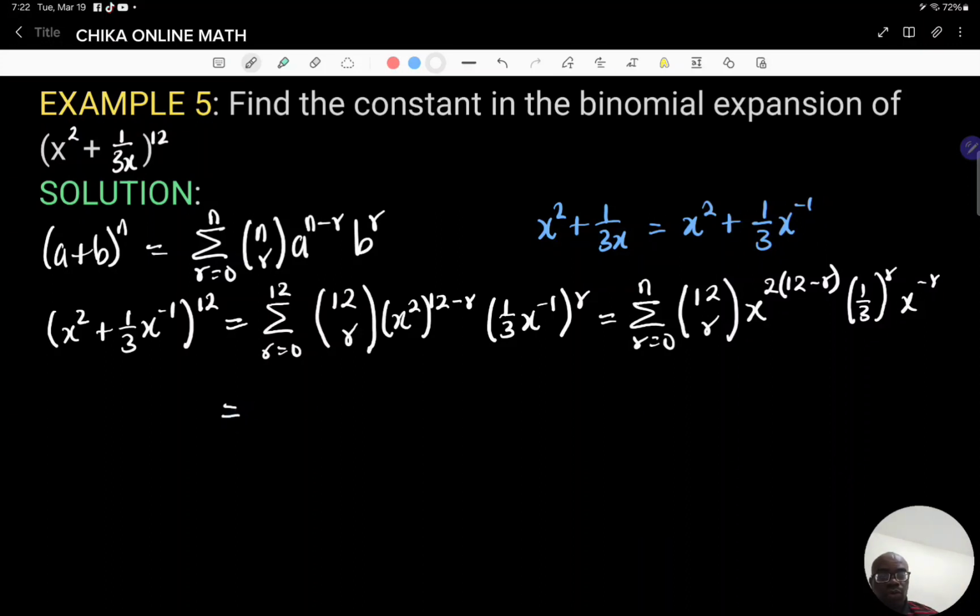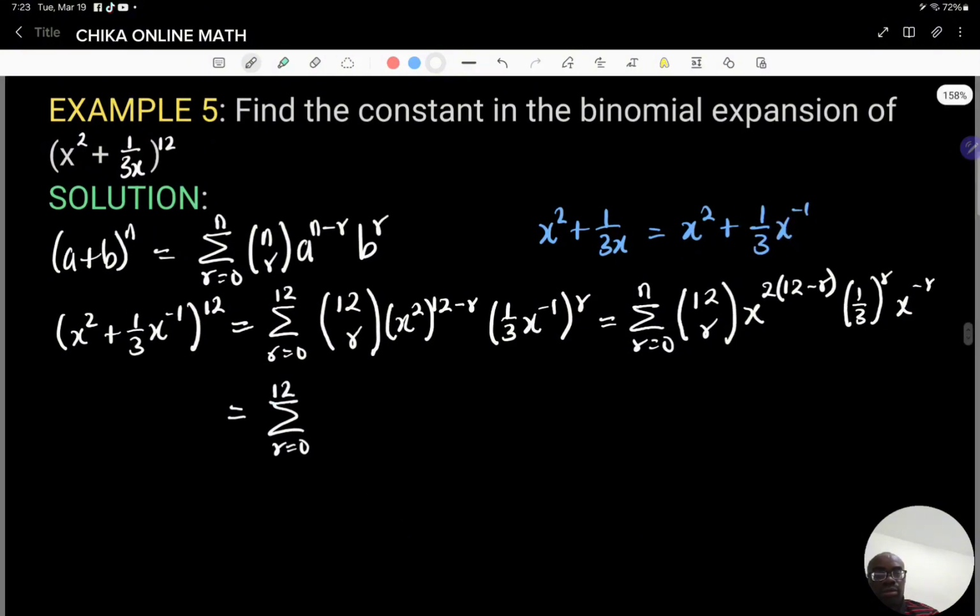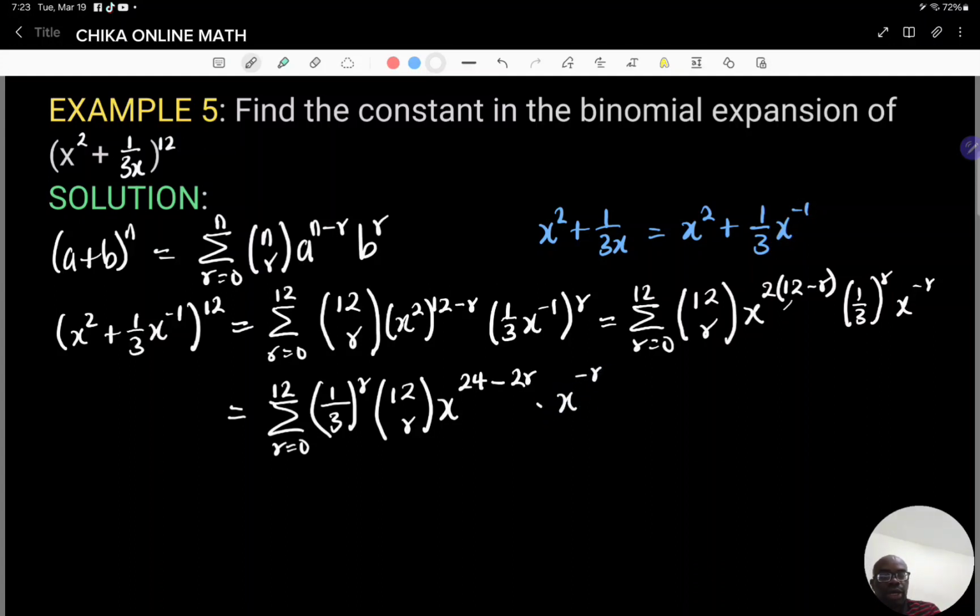So we have equal to summation r equal to 0 to our n, which is 12, okay, 1 over 3 to the power r, 12 combination r, x to the power 2 into 12 is 24, minus 2 into r is 2r, okay, times x to the power minus r, okay.